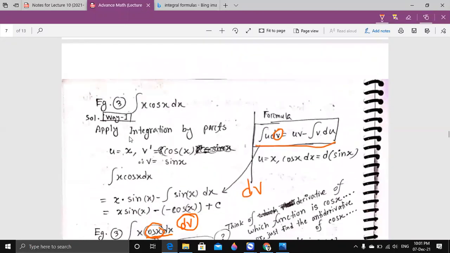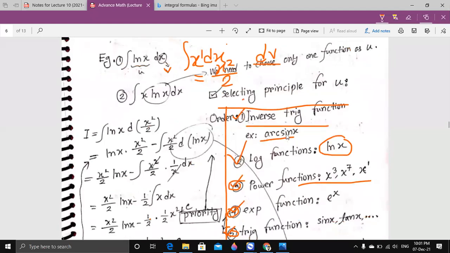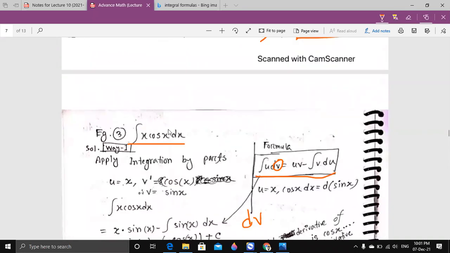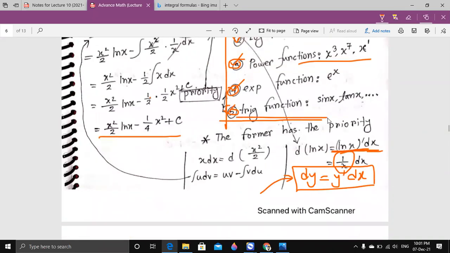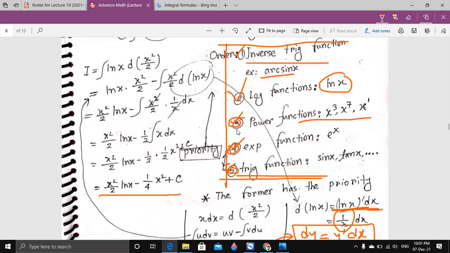So we can now go to the next question. So here we have integration of x cos x dx, right? So again we have to use integration by parts rule. So now think of this principle. So we have cos x, that means we have a trigonometric function, and then we have x, that means power function, right?